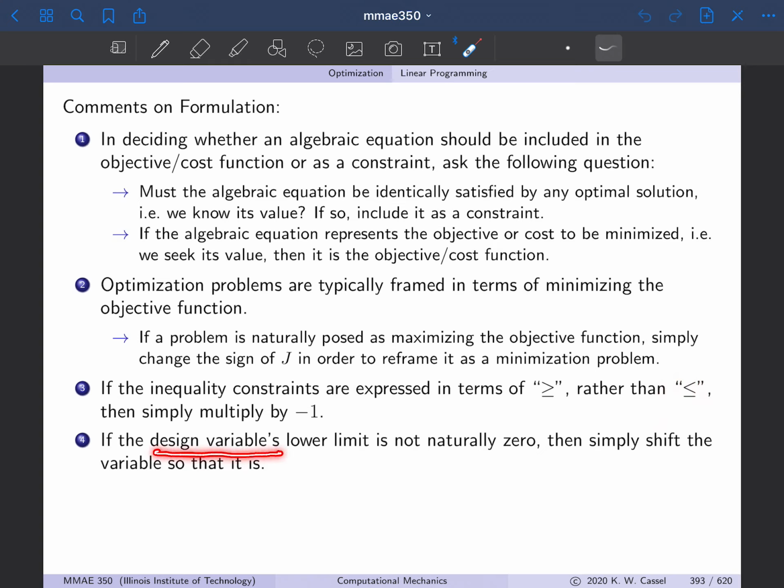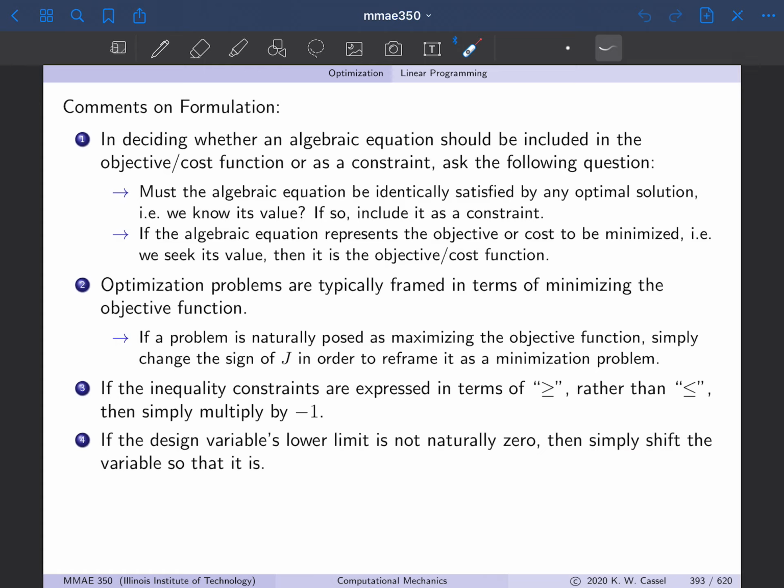And then finally, we talked about the positivity constraints. If a design variable's value could be less than 0, or say its minimum is greater than 0, then all you have to do is shift the value such that in the new variable it's 0. Say the minimum thrust: you can't operate your rocket at a thrust of 0, it has to be on, and the minimum thrust is 100 kilonewtons, or whatever it happens to be.